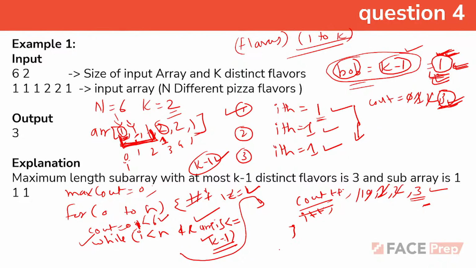So after completion of this while loop, I'll store max count equals to the maximum of max count comma the count of the current sequence. At the last, we just need to print the output as max count, right?